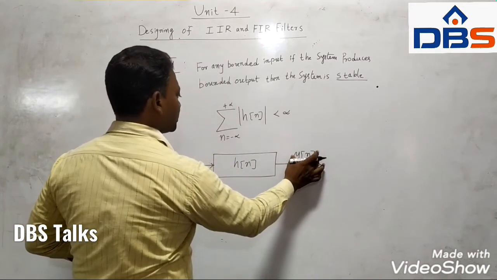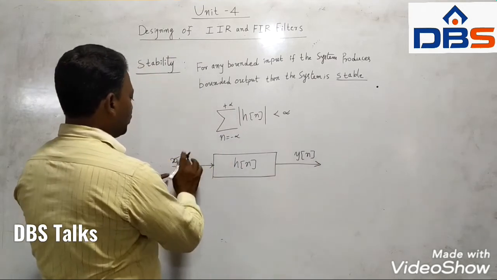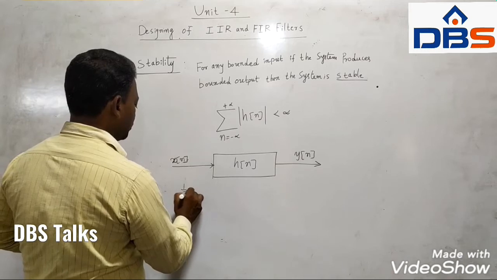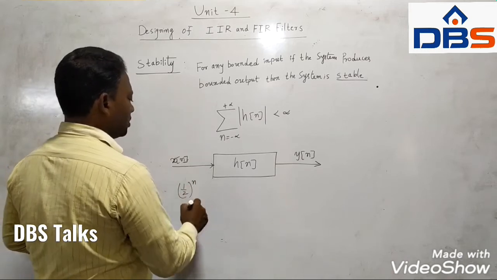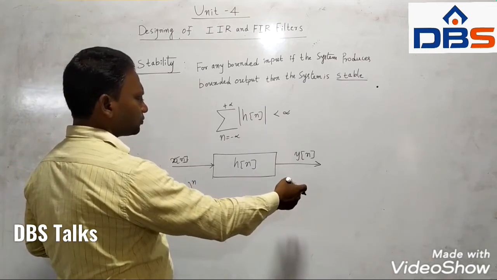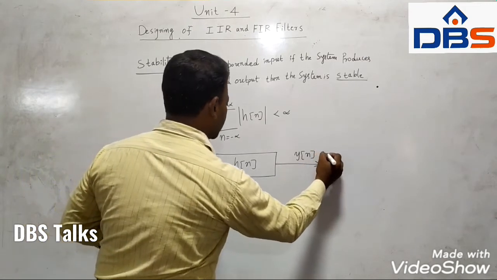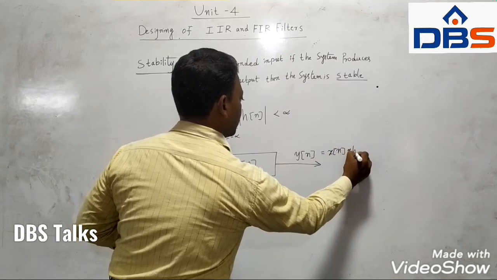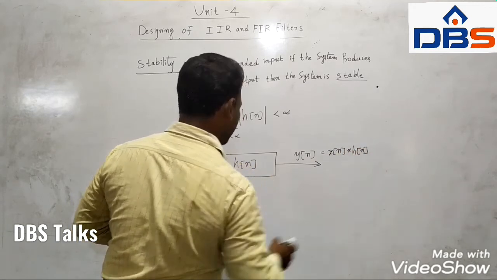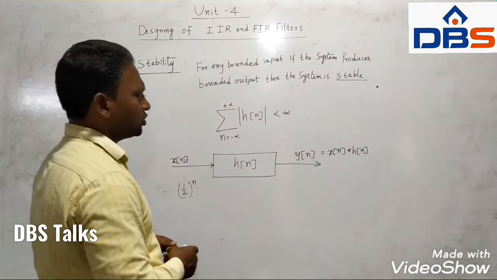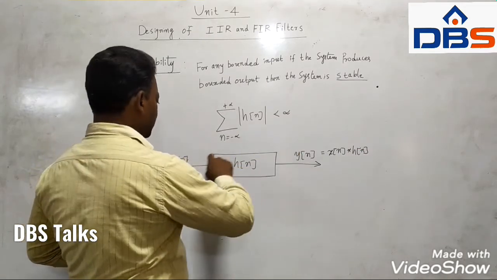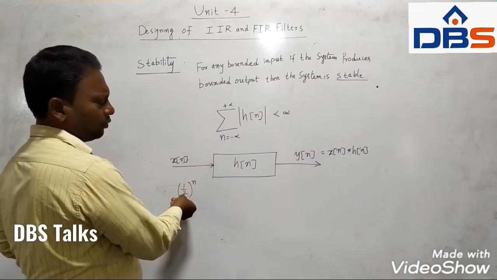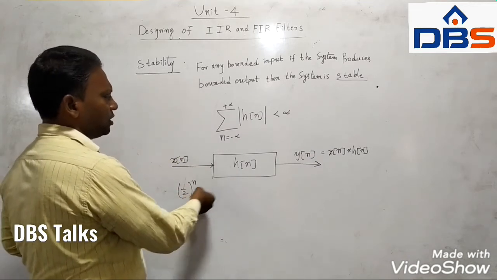If this output is bounded for any bounded input, for example the sequence 1 by 2 power n, which is a bounded input, then the output is the convolution of x of n and h of n.